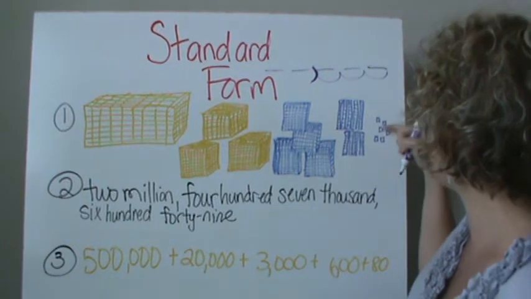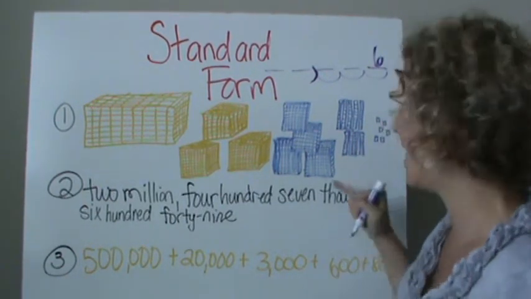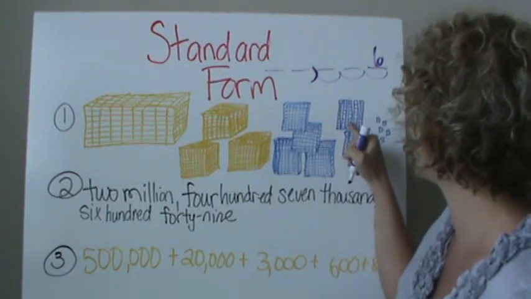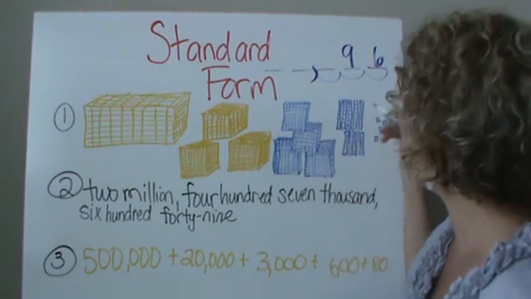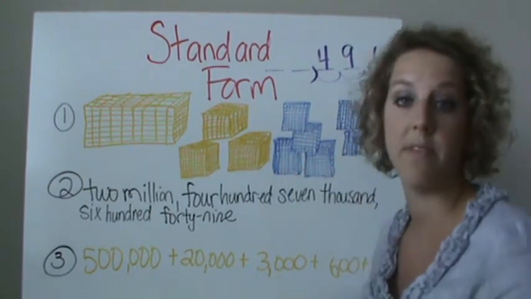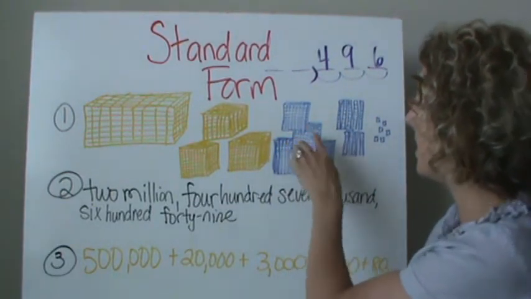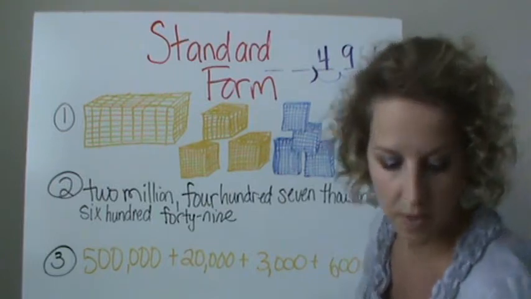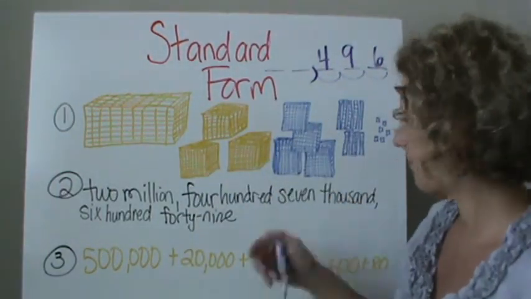There are 1, 2, 3, 4, 5, 6 ones. These are tens rods. 1, 2, 3, 4, 5, 6, 7, 8, 9 tens rods. There are 4 hundreds. And you can see that they're kind of stacked on top of each other, so you have to be careful that you don't think this is one big piece, but it's all different. Because you remember that the hundreds waffle looks like this.